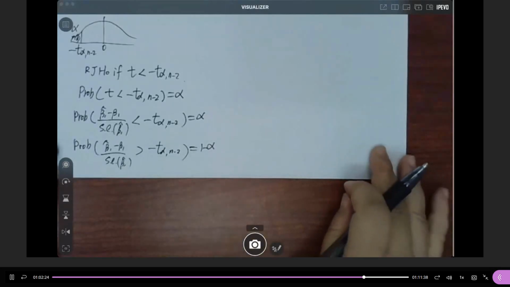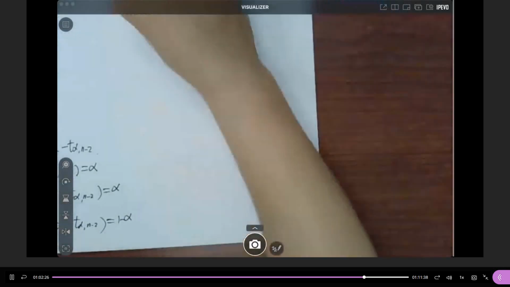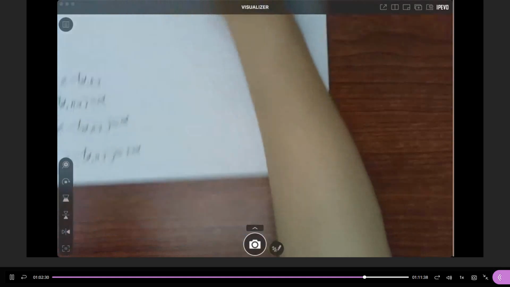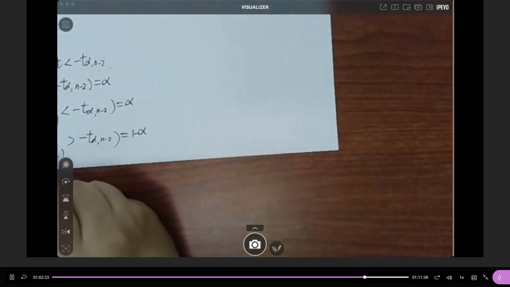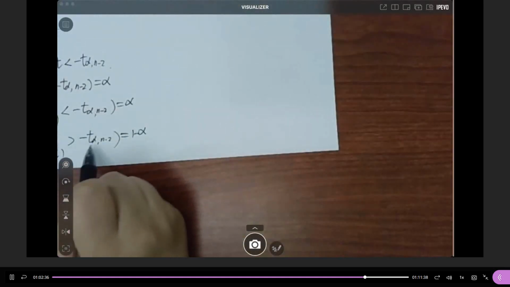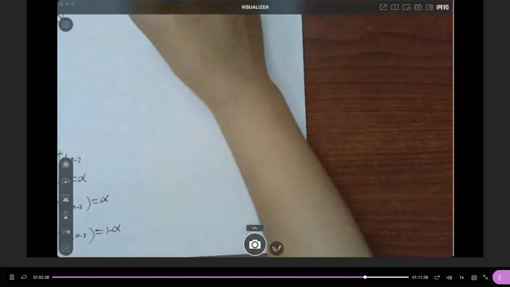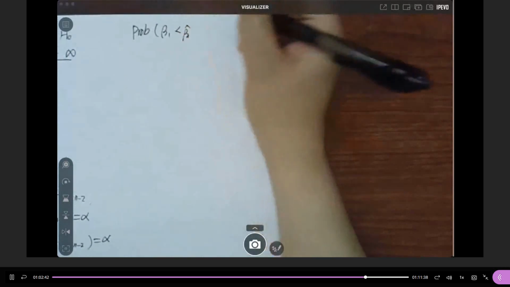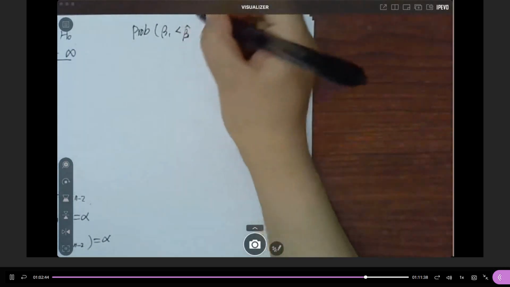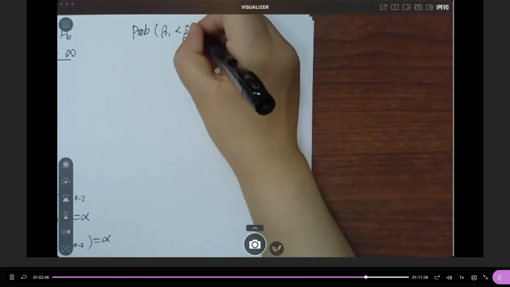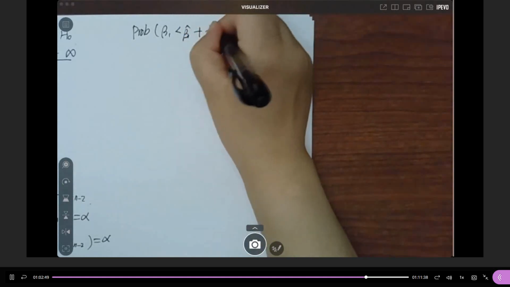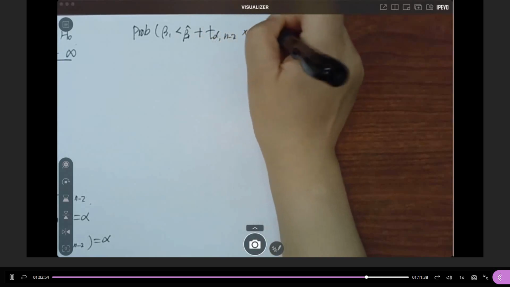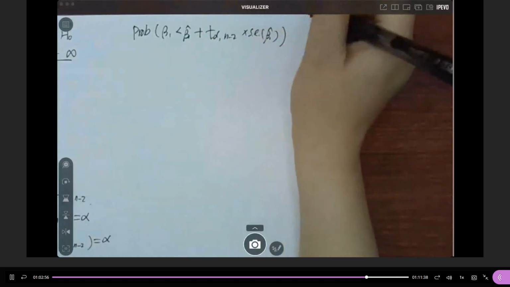All right, once we have that, can you write out the upper bound? So rewrite that inequality. The probability for beta 1 to be less than beta 1 hat plus this multiplied by this, right? So beta 1 less than beta 1 hat plus T alpha, n minus 2 degrees of freedom, multiplied by the standard error of beta 1 hat.